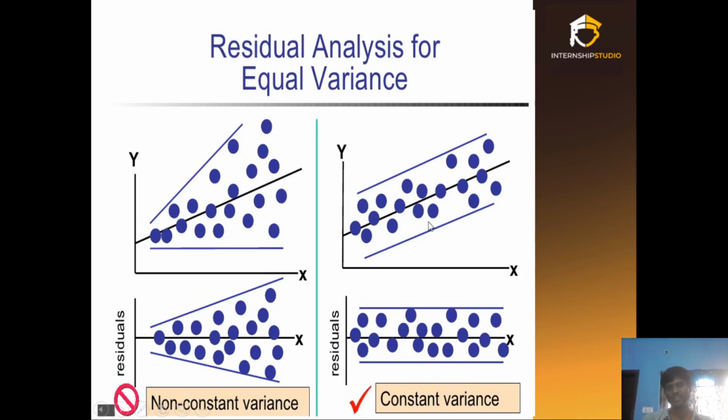But if you see these kind of relationships, instead of a plain sort of relationship, then it signifies that you have a non-constant variance. Non-constant variance is nothing but, if you see the residuals here, you can understand that they are non-constant. And even the relationship between x and y, with respect to the variances, is also not constant, which you can easily understand by looking at the two different pictures shown here, right?